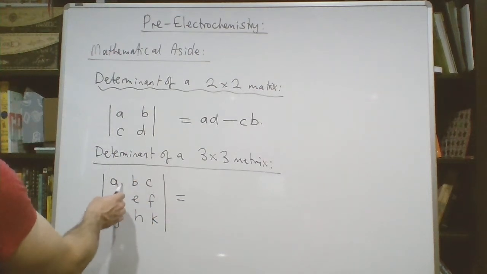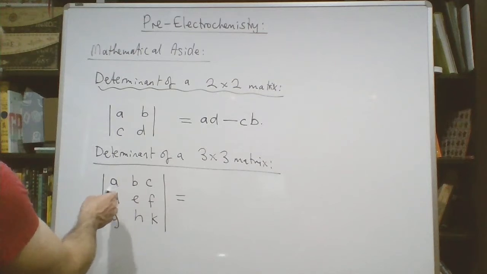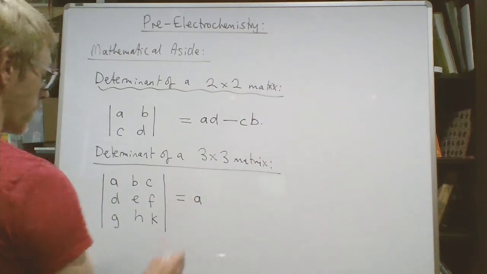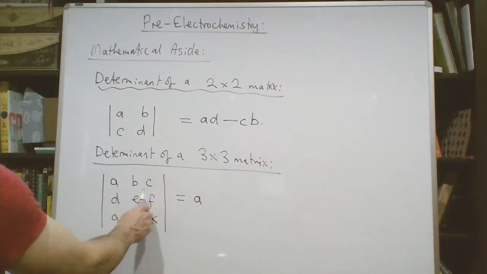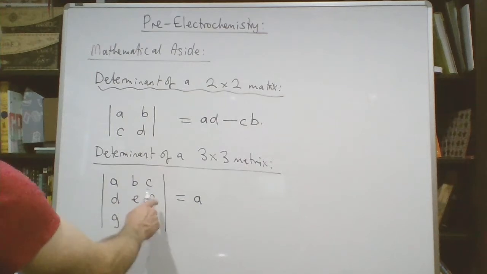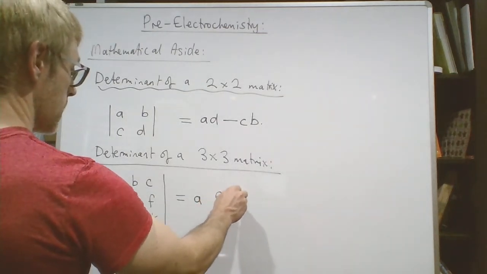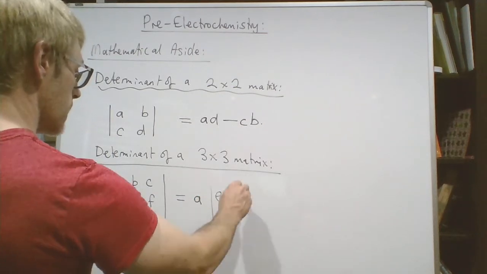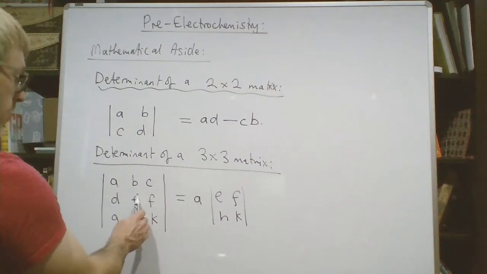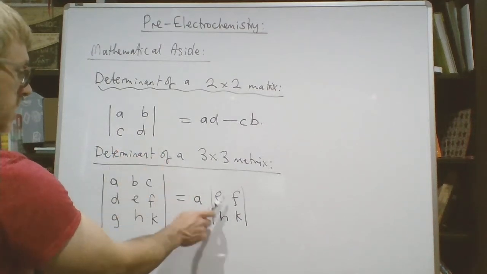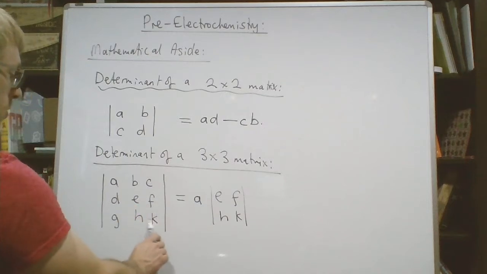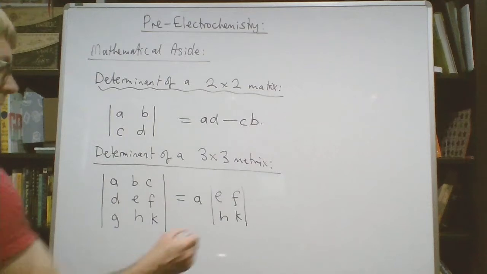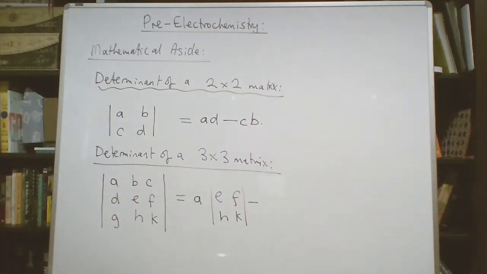We look at the representative member of column 1, which is A, and multiply that by the following 2 by 2 matrix: E, F, H, K. I need to take the determinant, using this procedure, of the bottom right corner of the 3 by 3 matrix and multiply it by A. Then I'm going to subtract the following.